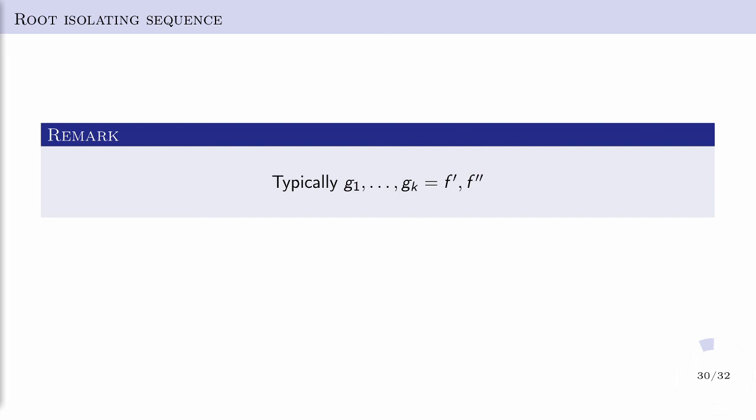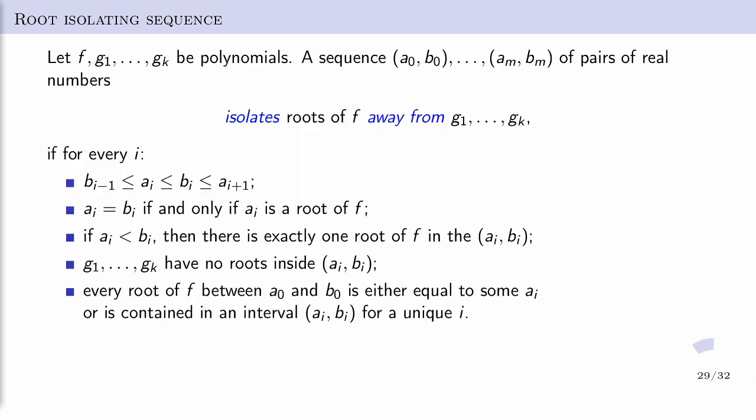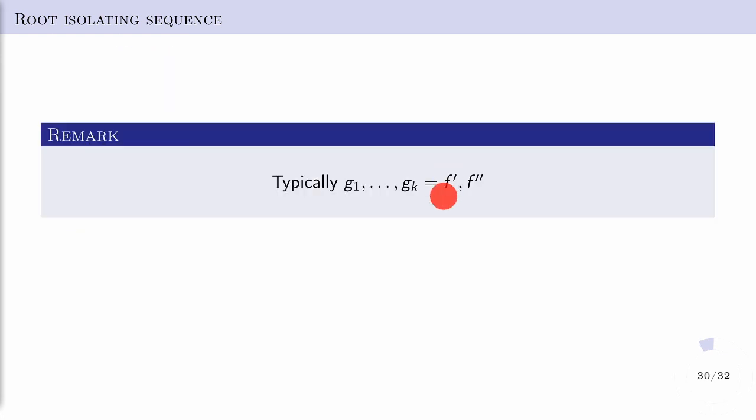The algorithms that we will discuss in the next lecture will need an interval such that f has precisely one root inside this interval, but neither the first nor the second derivative changes sign in this interval. So in applications, this g1 to gk will be just the first and the second derivative of f.